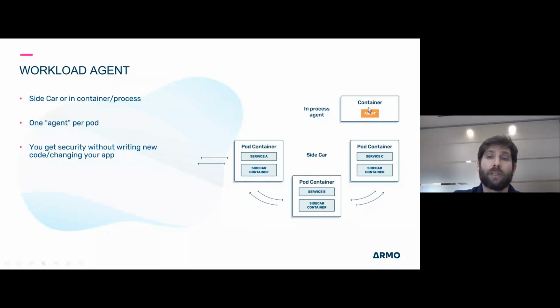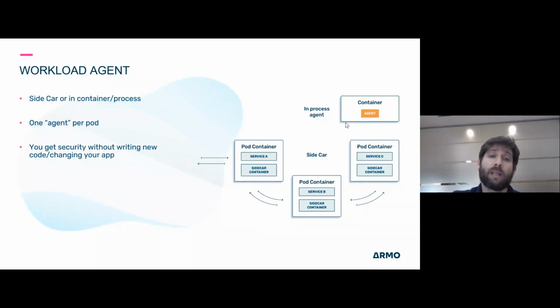The other approach, and this is the approach that I'm going to demonstrate, is the agent inside your container. The idea is that you're adding a small library to your container that basically gives you a security value without the need to change your code. It gets full observability into what the container is doing, and it has full context into the things that the container is doing.